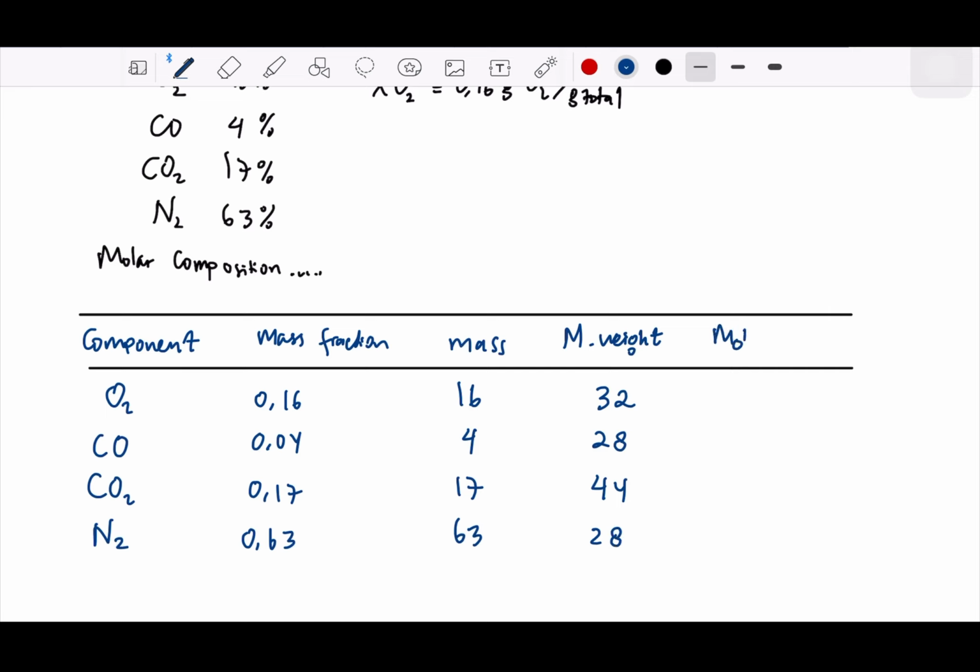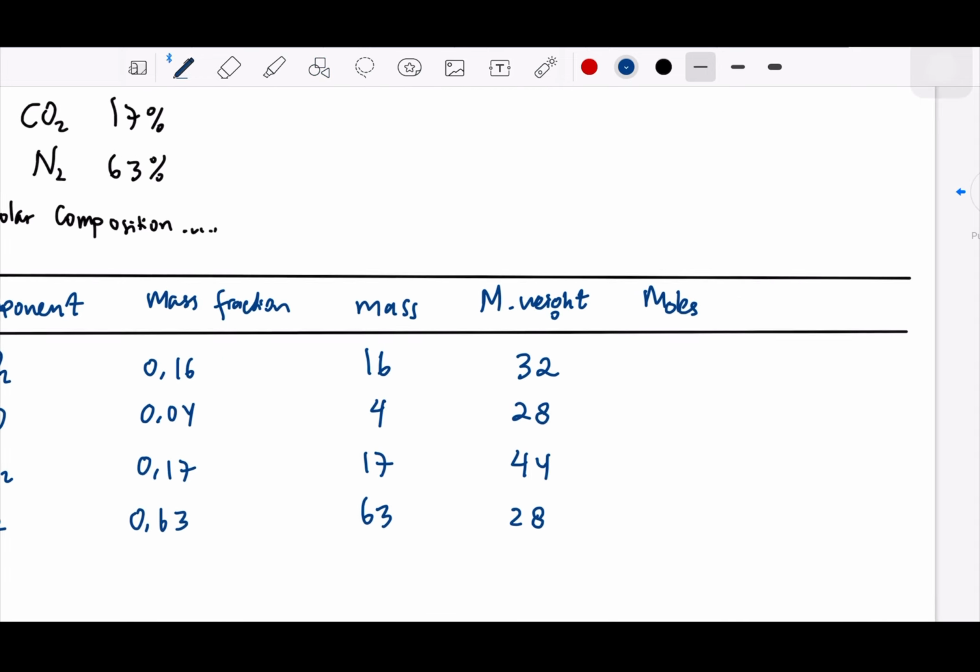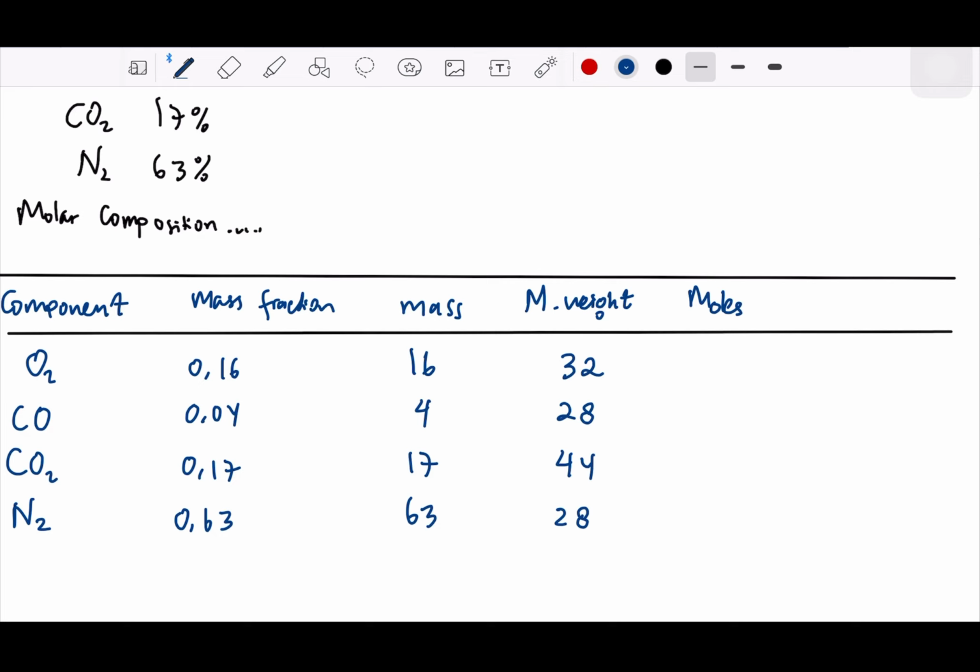And then moles, this is 0.5, this is 0.143, or I can write the formula here.